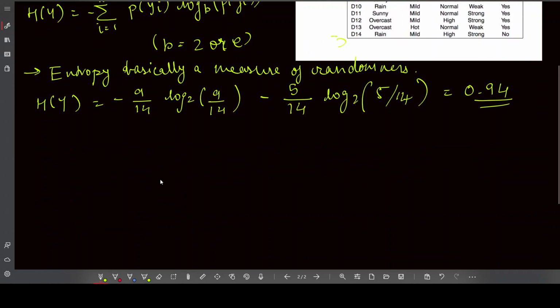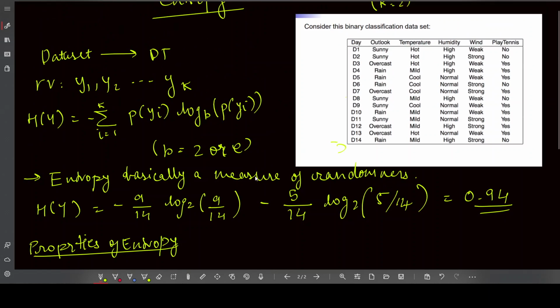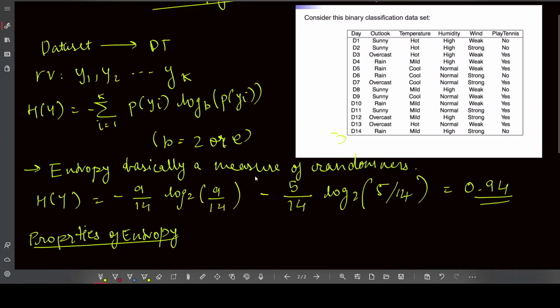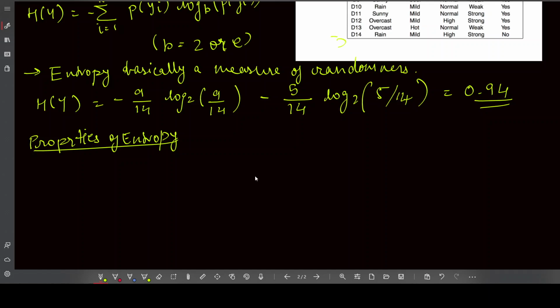Now let's look at some properties of entropy, to better understand its significance. This is a formula, and it's easy to calculate the entropy of this entire data set, but what does entropy actually mean?